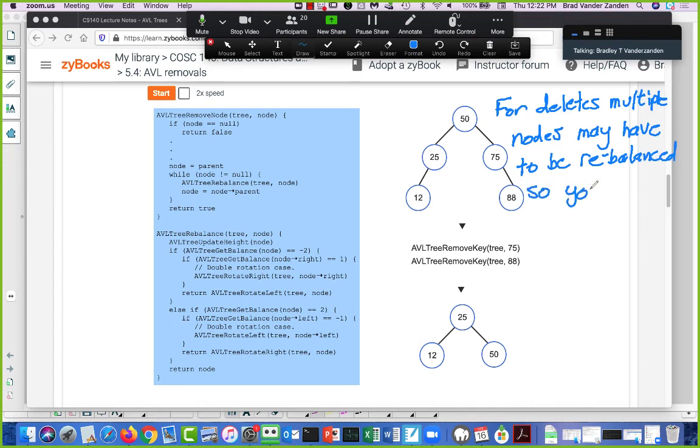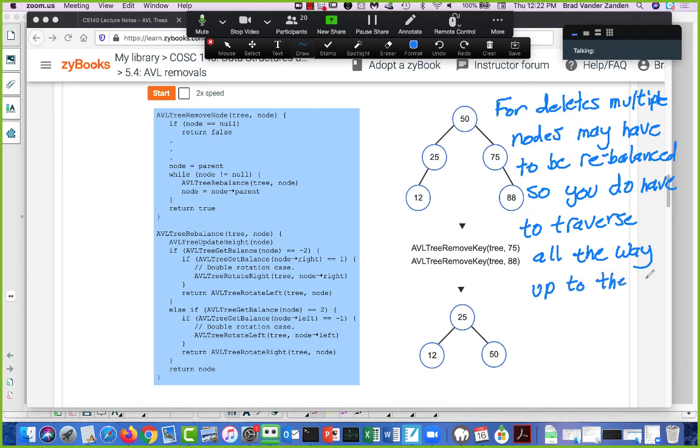So you do have to traverse all the way up to the root. There's a good example in Dr. Planck's notes on that that I'll just point out at the very end. But for deletes, multiple nodes may have to be rebalanced.